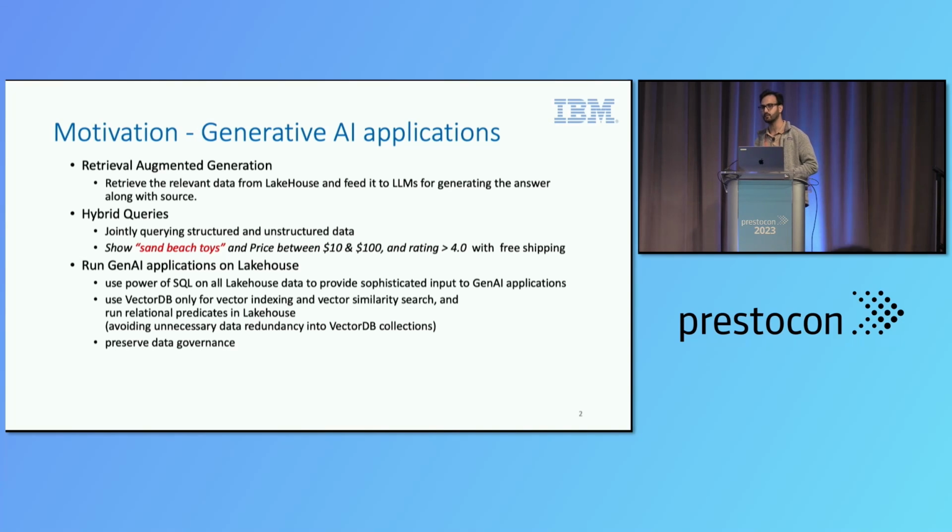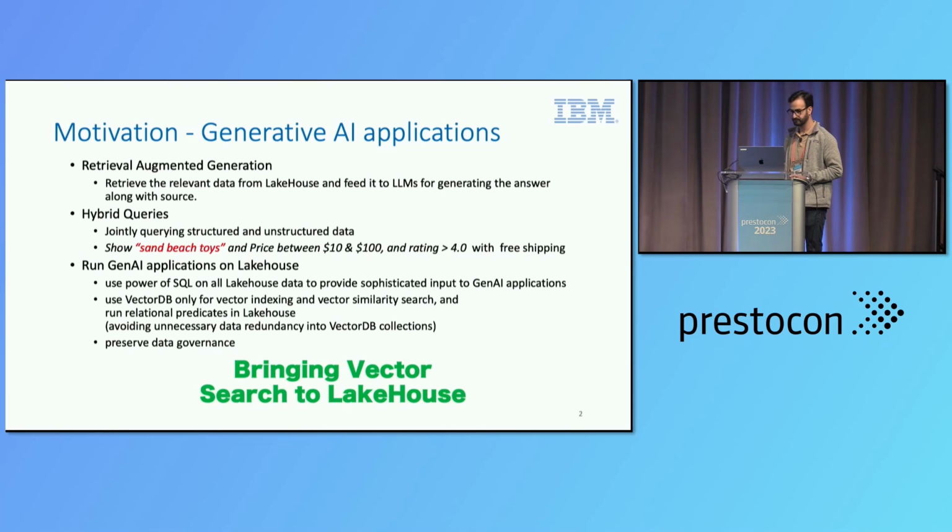It will help us avoid unnecessary data redundancy in the vector DBs, and more importantly, it will also help us preserve data governance. So if you have security and access controls on the Lakehouse data, you don't need to worry about them on the vector DBs because they are only storing the vectors.